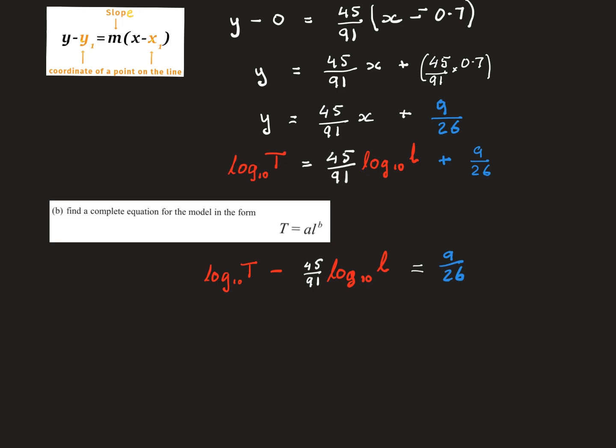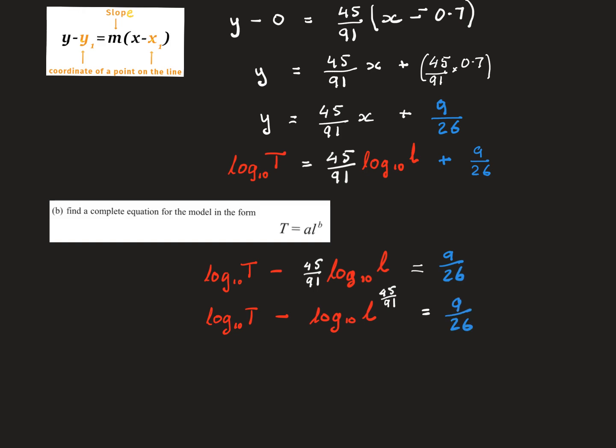So once again, using the law of the logs, I am going to rewrite this, leave the log 10 t, but using the exponent rule, we'll put that 45 over 91 as a power of L, and that's equal to 9 on 26.